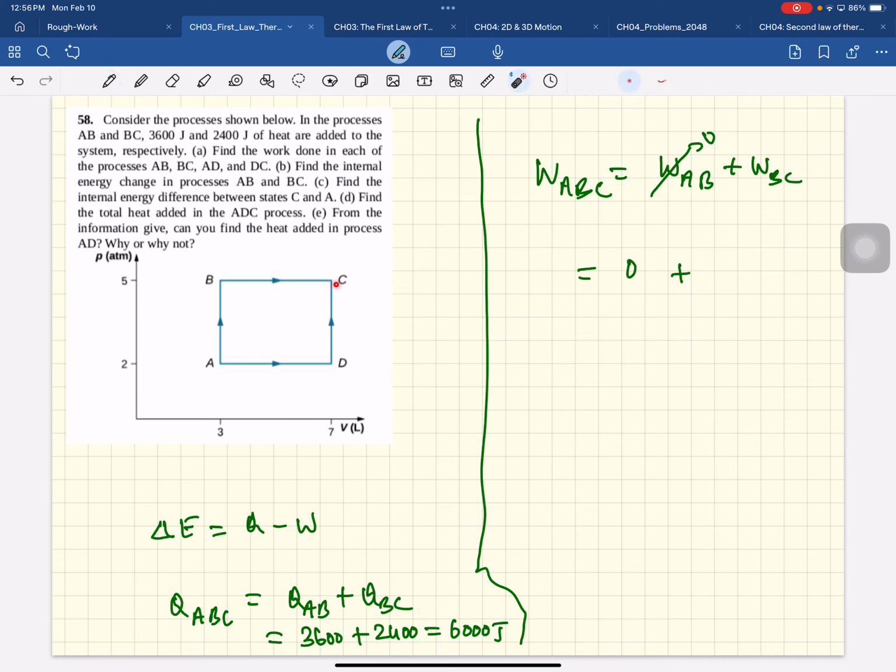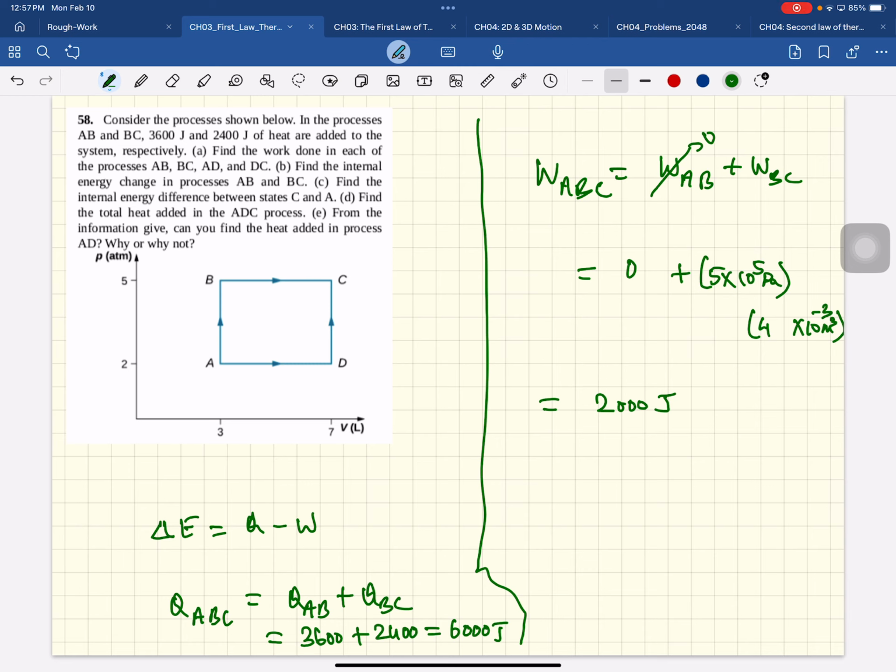It's just this area, which is 5 atmospheres times 4 liters. That's 2,000 joules.